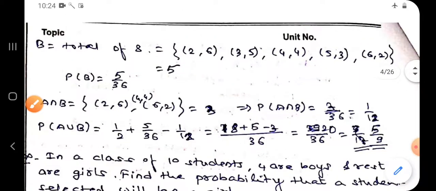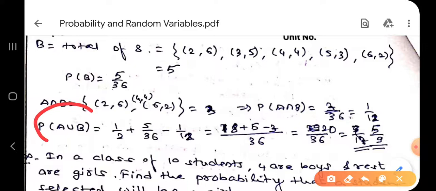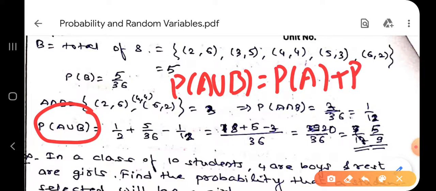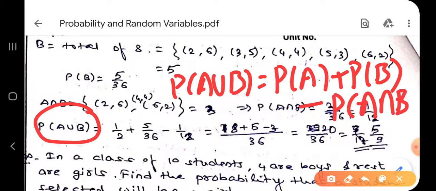I want to find P of A union B. We require both. P of A union B, our addition theorem. Do you remember? P of A union B is equal to P of A plus P of B minus P of A intersection B. Got it? Put the values.